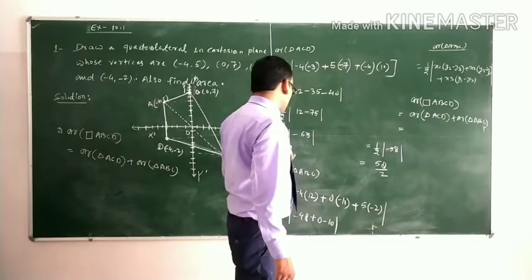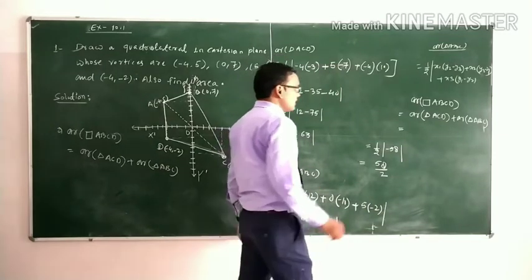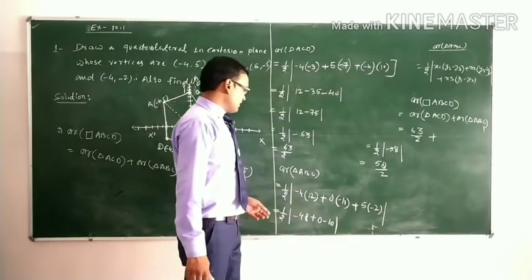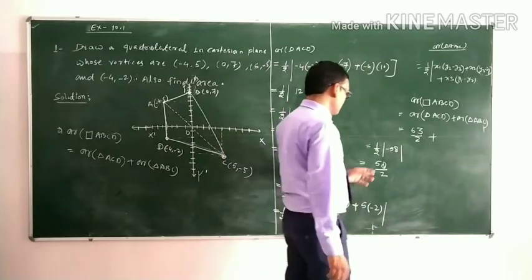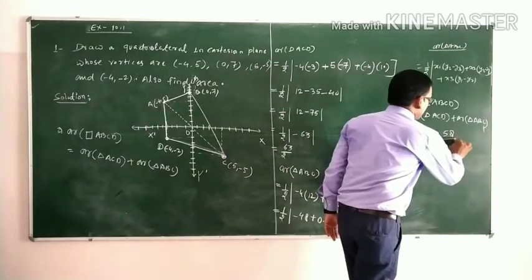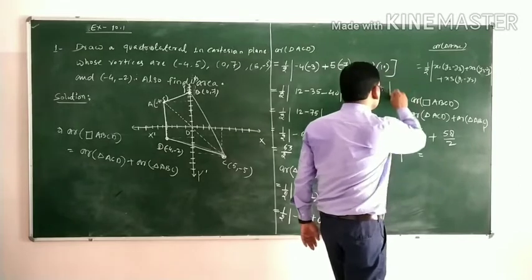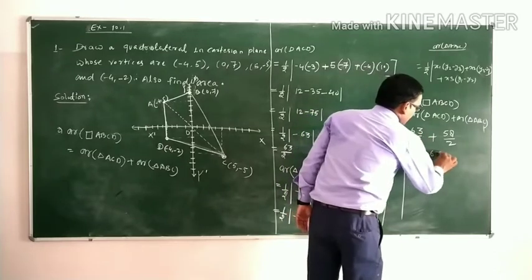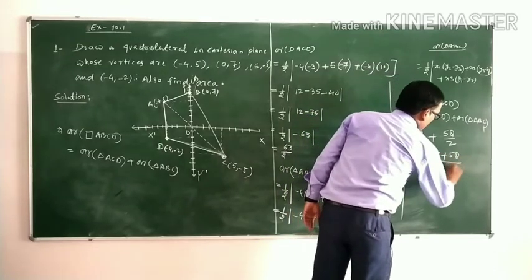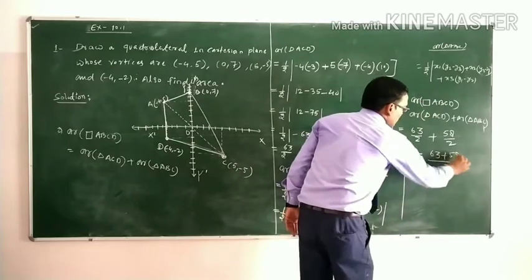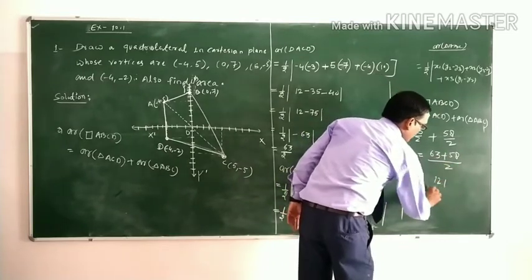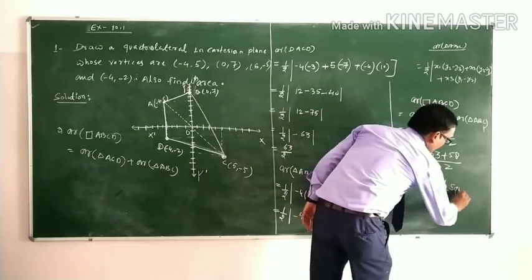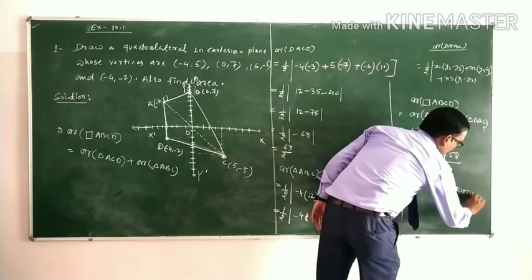The area of triangle ACD is 63 by 2 and area of triangle ABC is 58 by 2. This equals 63 plus 58 by 2. This equals 121 upon 2 square unit.